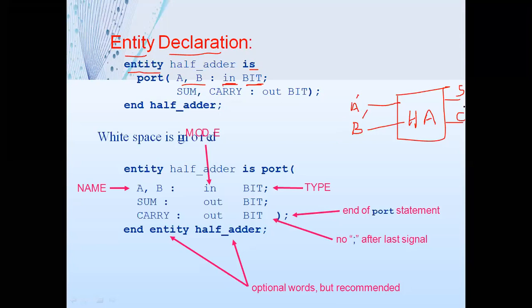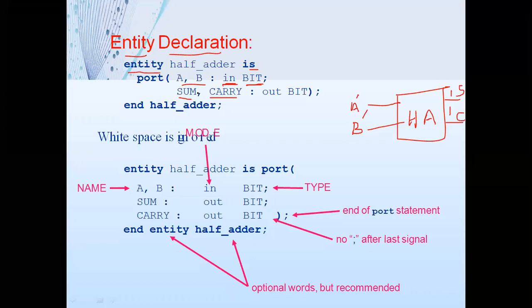Now the second one is the output ports. From the example, the output ports have two signals: sum and carry. In short form, S and C, or you can take it as sum or carry. So now sum is a signal and carry is a signal.